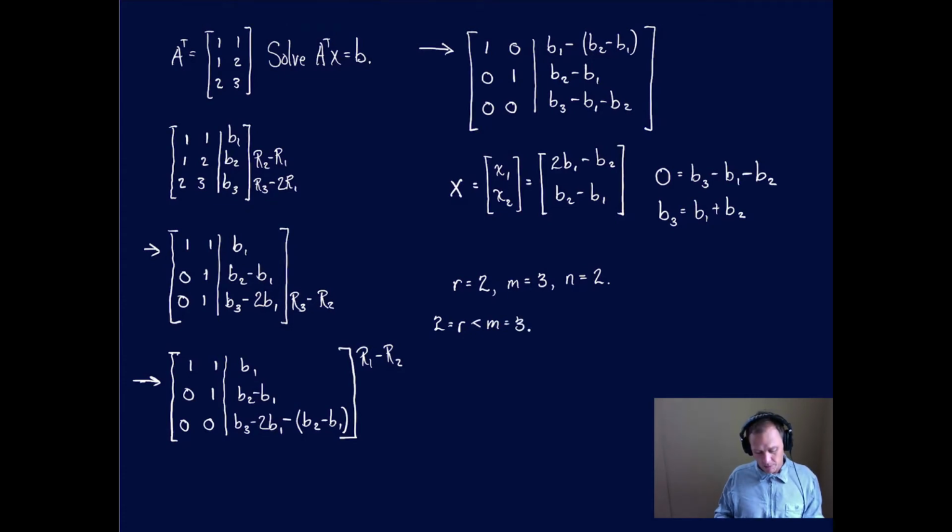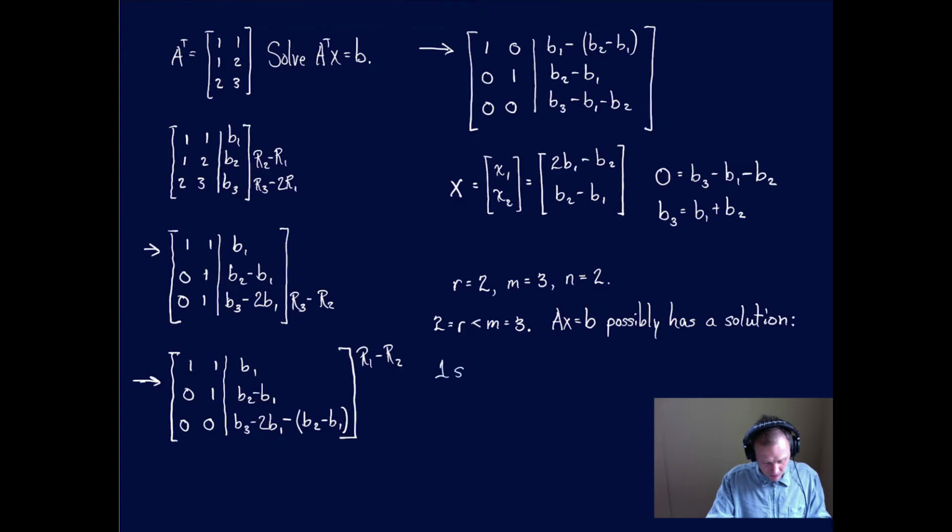Wait a minute. So what happened here, though? Well, first off, Ax equals b possibly has a solution. What do we mean by that? We mean that Ax equals b has exactly one solution, has a solution. So we'll put it this way, colon.